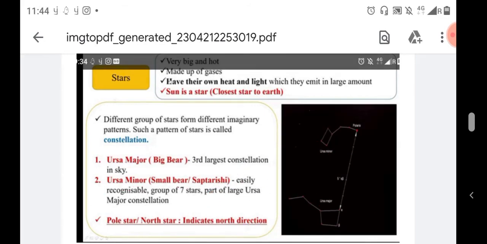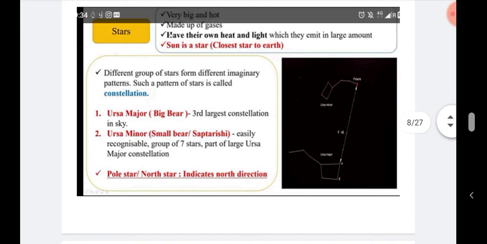तो पोल स्टार या नॉर्थ स्टार के बारे में मैं आपको बताऊंगी, जो हमको नॉर्थ डायरेक्शन को इंडिकेट करने में हेल्प करता है.